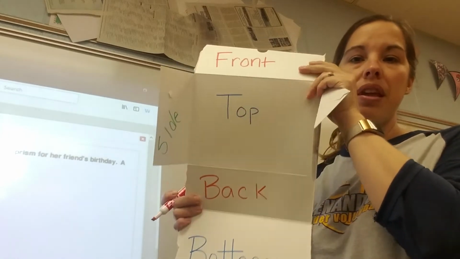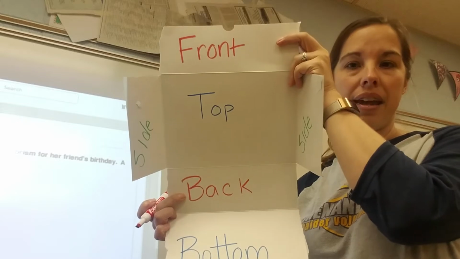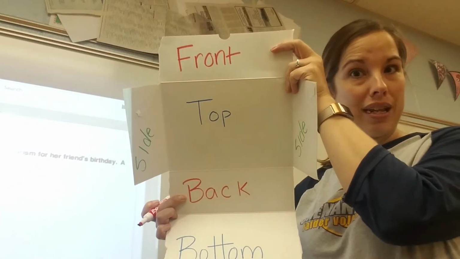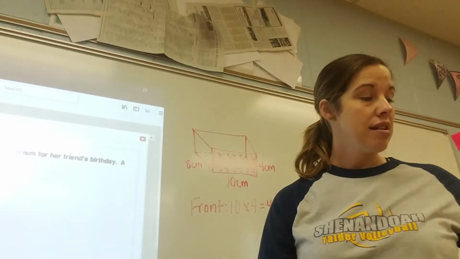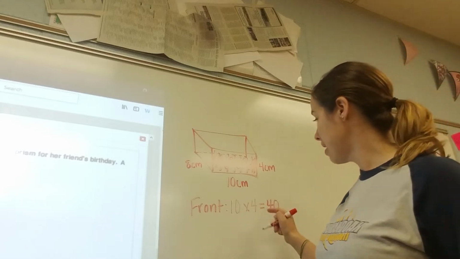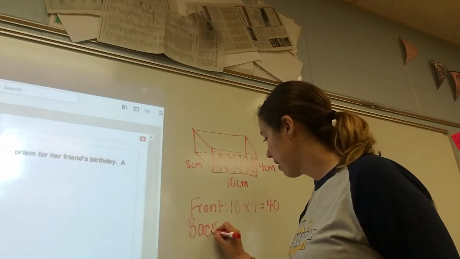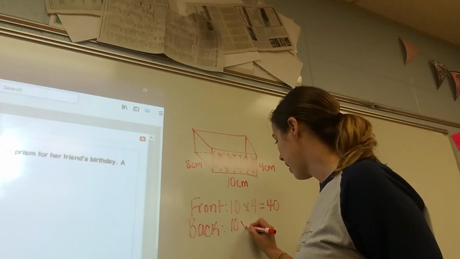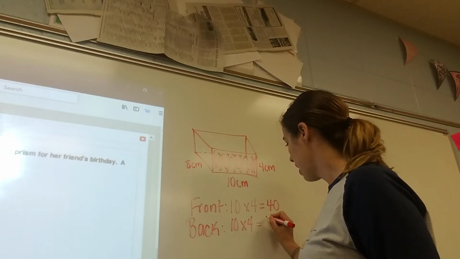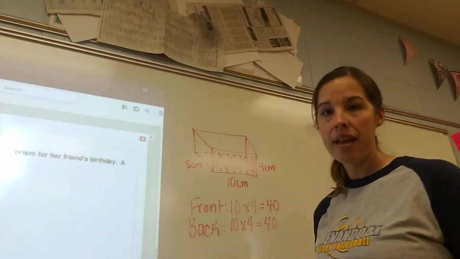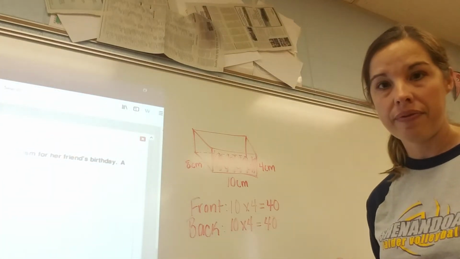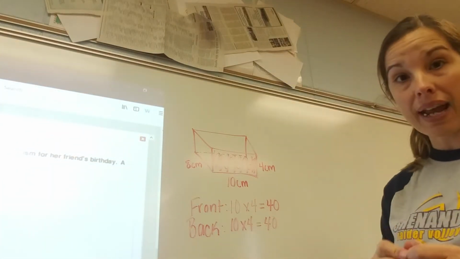Aren't my front and my back equal on a rectangular prism? Yes. So if my front is 10 by 4, that means the back is 10 by 4, so the area of the back would also be 40. We have the front and the back taken care of.